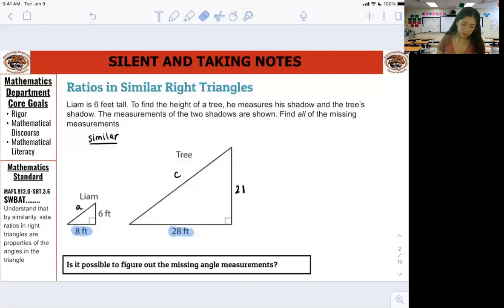Now, how can I find the other values? So if I do 21 over 6, what would the other side of this be?